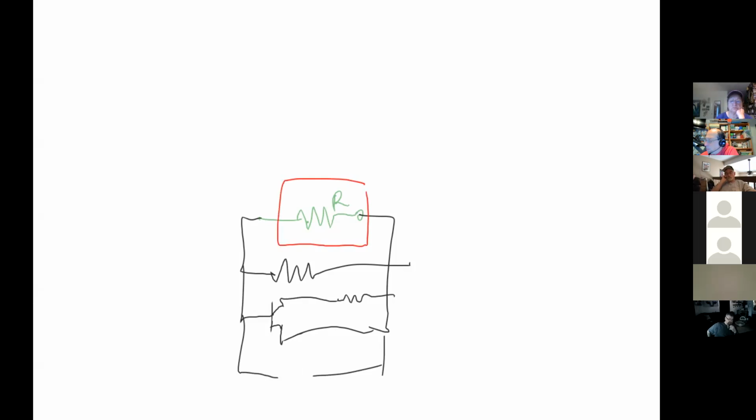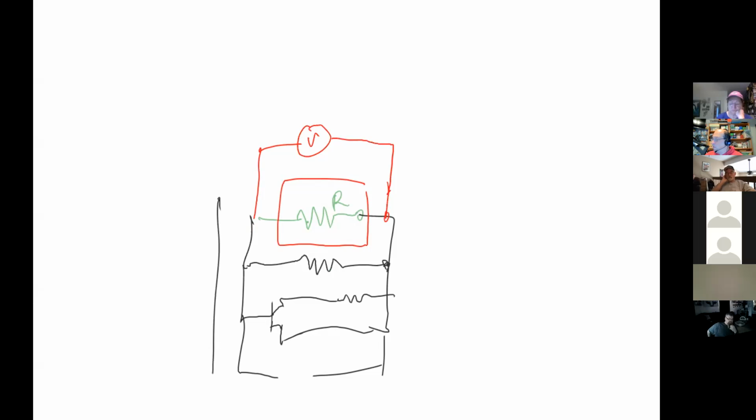Well, you hook it up and basically it's a voltage being across it. What else is in parallel with that one resistor? All the other resistors. All the other stuff. So you're really not measuring the resistance of that one device. You're measuring the cumulative resistance of the whole circuit.